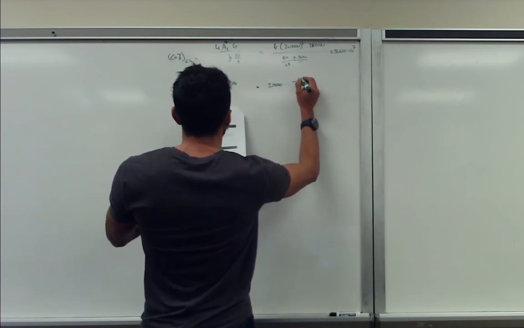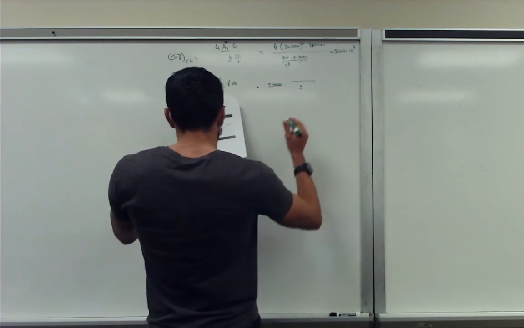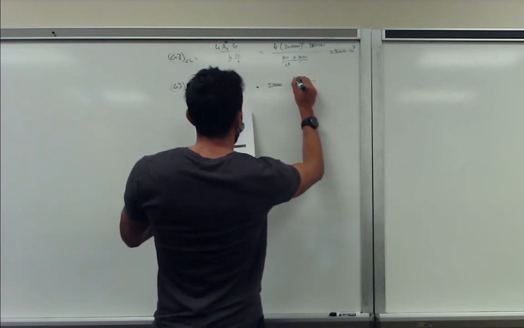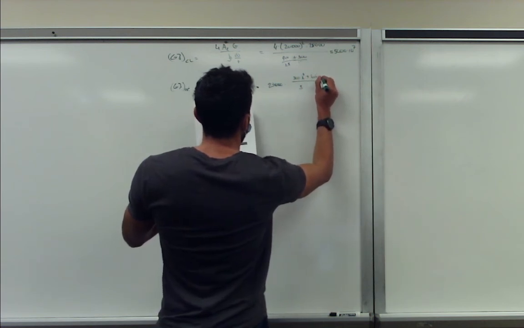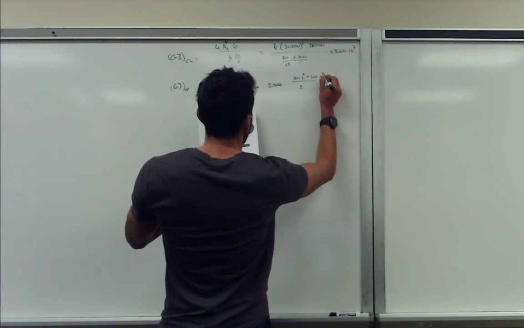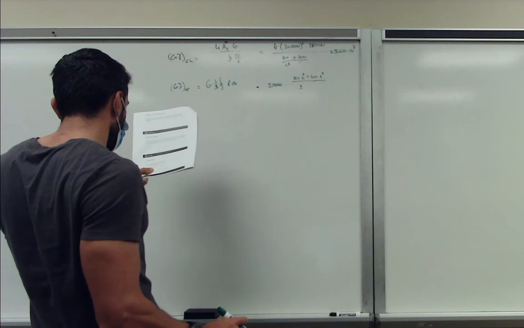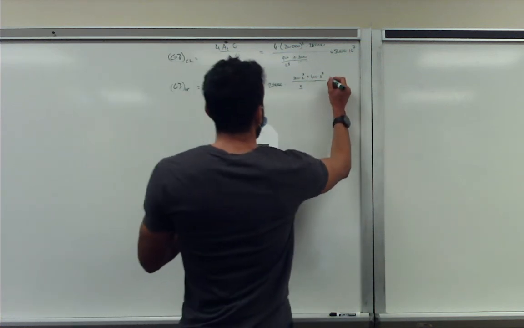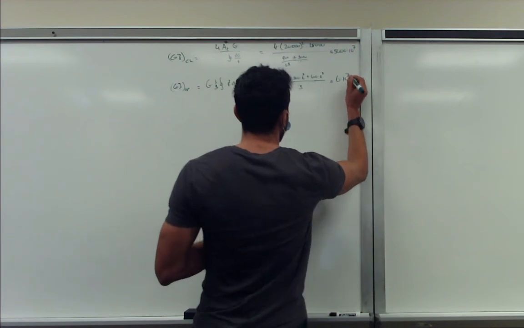Then we get the sum of ds times t to the power of 3: 300 multiplied by 2 to the power of 3 plus 600 multiplied by 2 to the power of 3. And we get 6 times 10 to the power of 7.